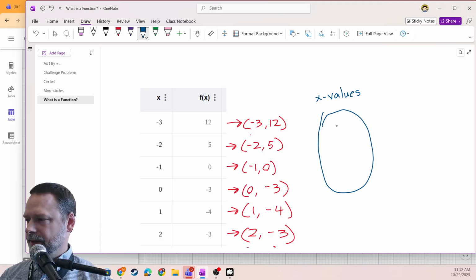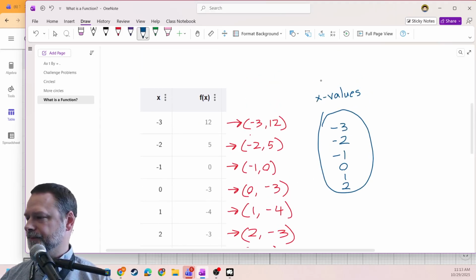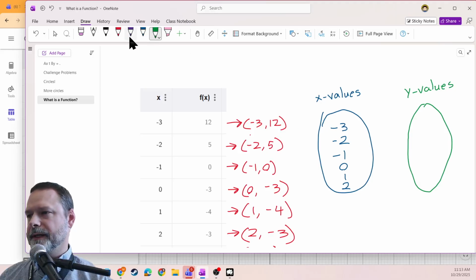And our x values are -3, -2, -1, 0, 1, 2, and 3. But you know what? I'll just stop right there because I ran out of room. And then they're getting matched with our y values. So this is another visual representation of what's going on here with these guys.